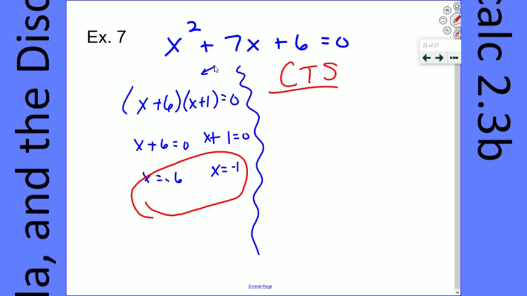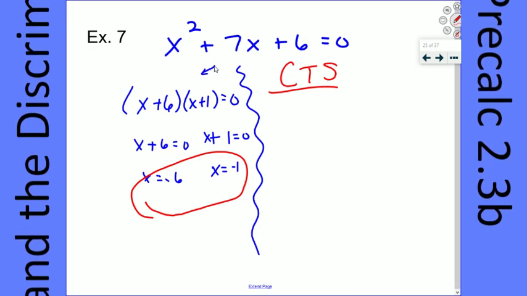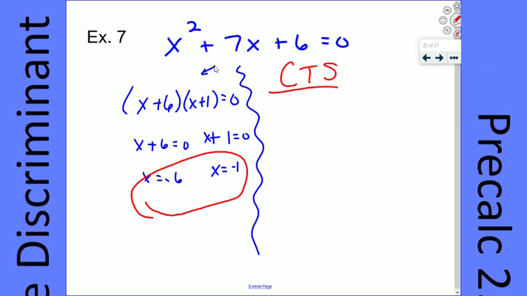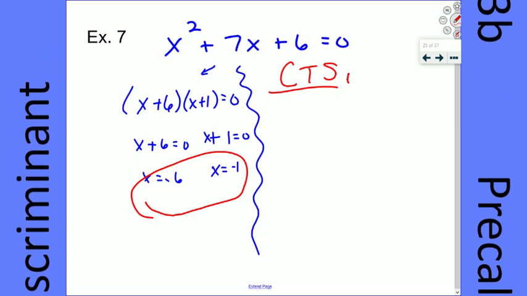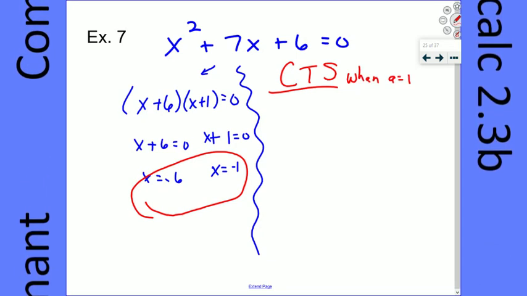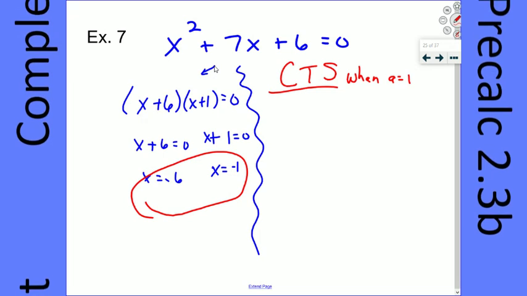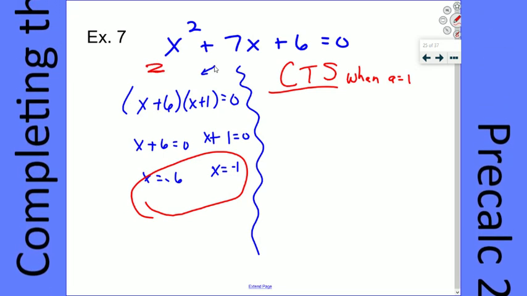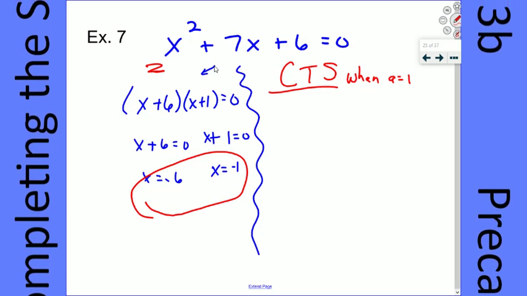You can use this on any quadratic equation ever. However, I would always recommend try to use this when a equals 1. So the number in front of x squared, so this guy right here. If we can get a to be equal to 1 and have nice numbers to work with, completing the square is going to be your friend.